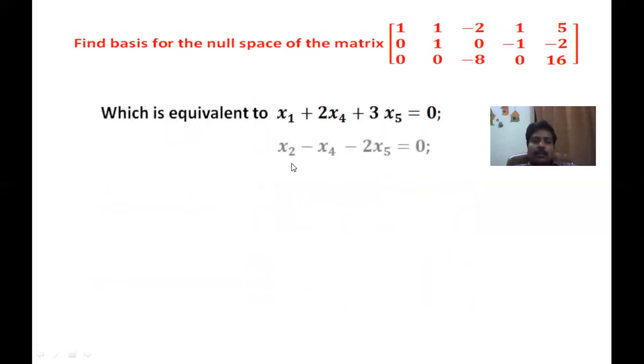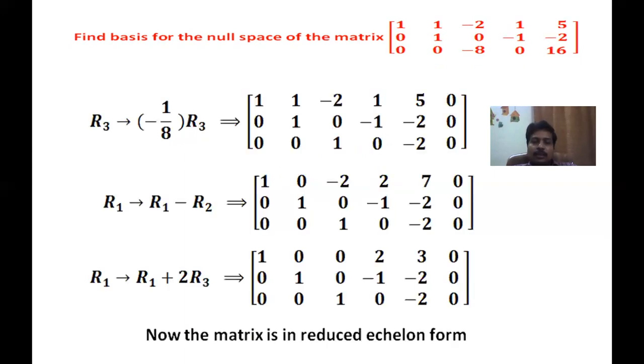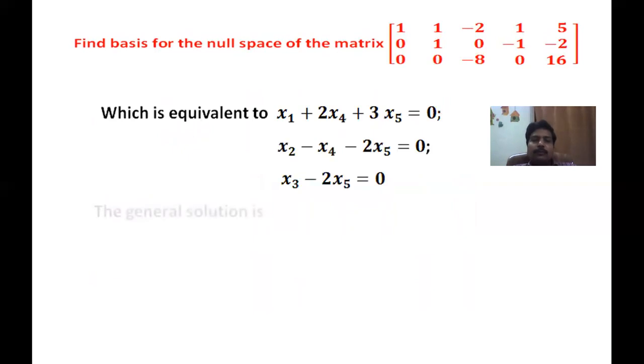Similarly, the second row gives us x2 minus x4 minus 2x5 is equal to 0. And third row gives us x3 minus 2x5 is equal to 0. This is the third one.